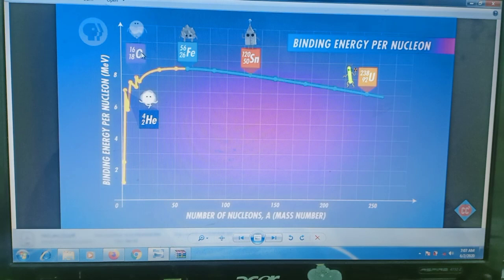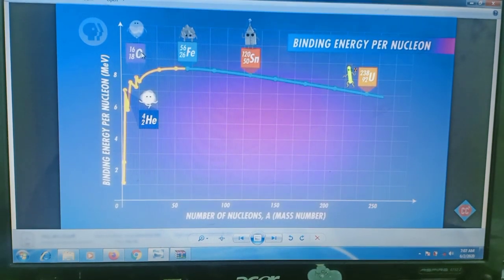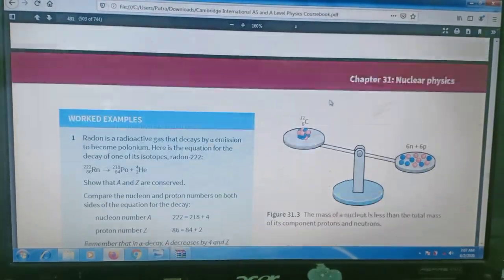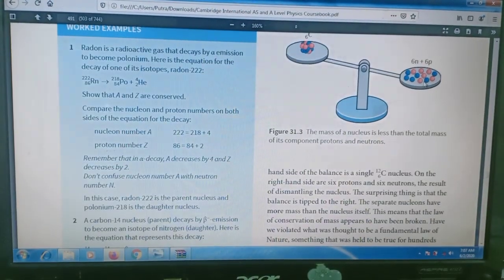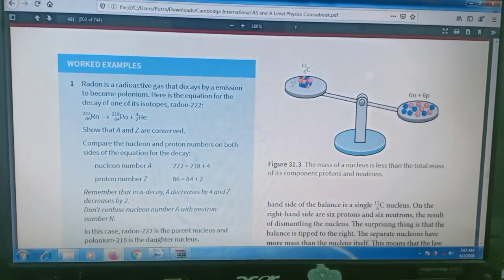This binding energy, when the nucleons are separated, will become the mass. That is why the balance here will go to the right. Why? Because here there is mass of 6 protons and 6 neutrons plus the binding energy here, okay?